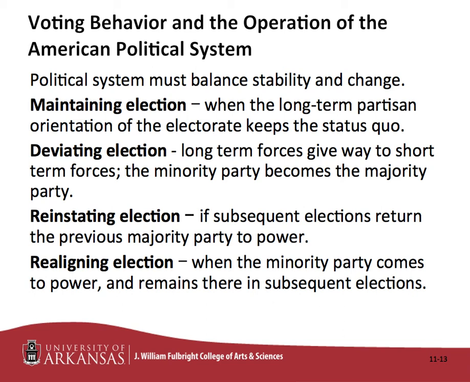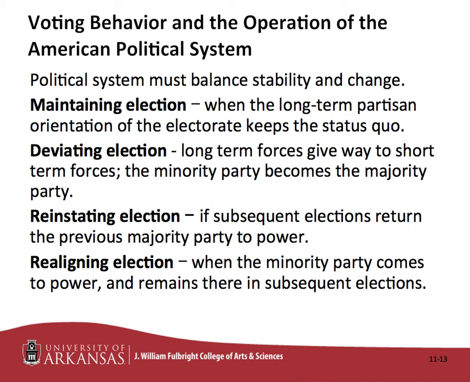If there's a reinstating election, this means that the previous majority party comes back to power. But if there's a realigning election, the minority party comes to power or remains there in subsequent elections, becoming the majority party.